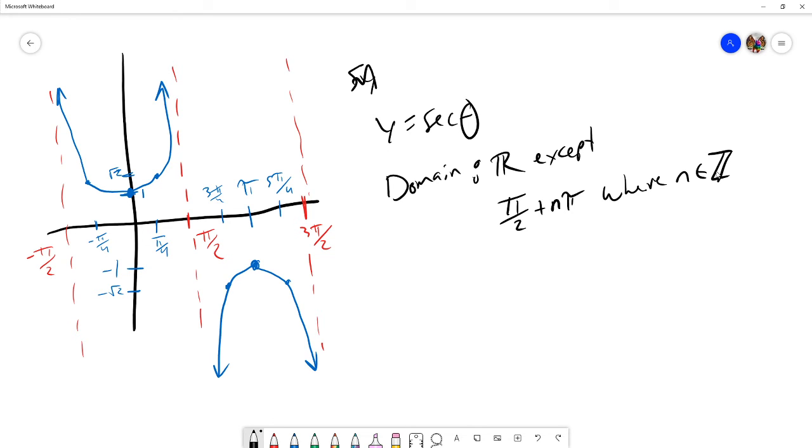This funny Z here refers to integers. This funny R refers to real numbers.